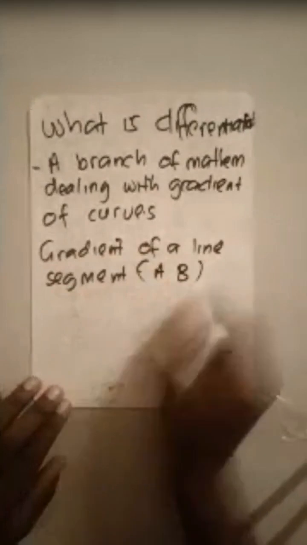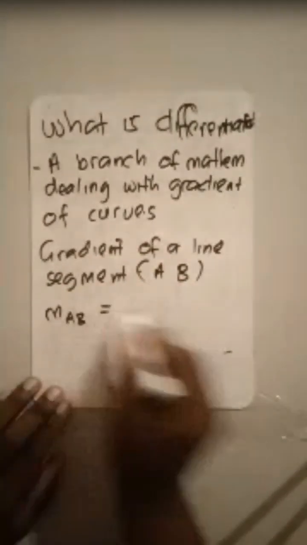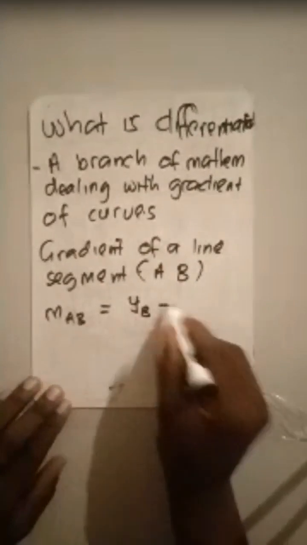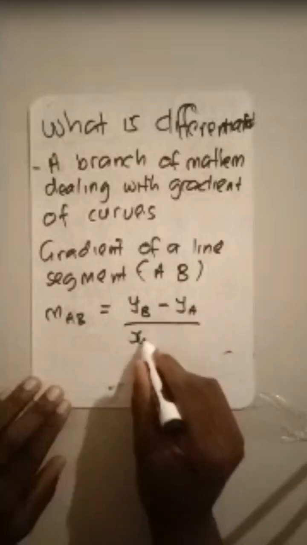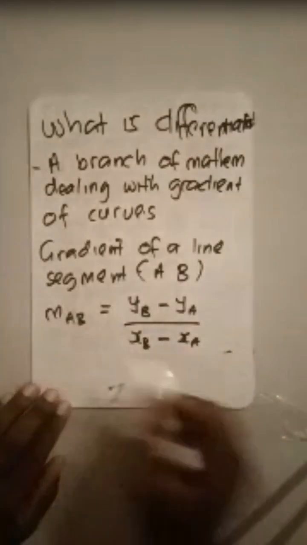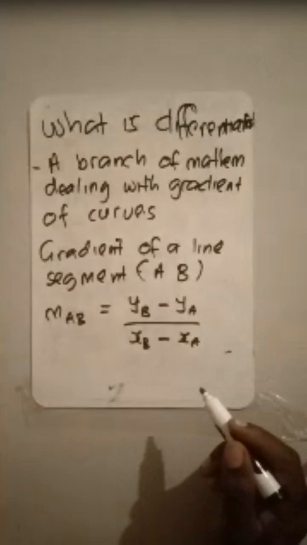A line segment AB, which is m_AB, is given by (yB minus yA) over (xB minus xA). I hope this is clear. And you know the gradient of a line segment.